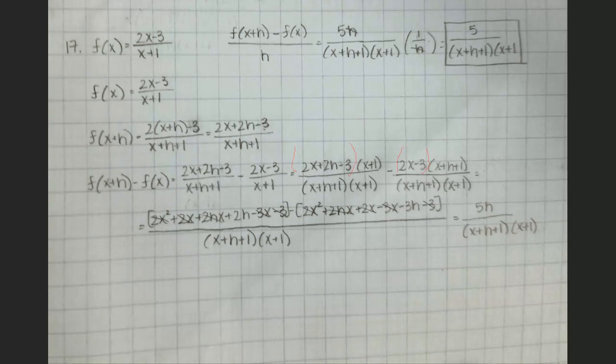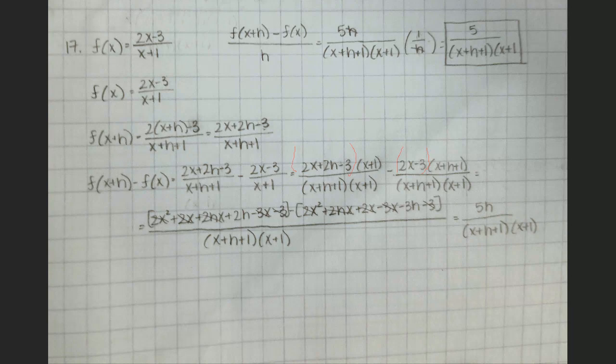So 2x squared, they cross out. Same with 2x and 2hx and the constant negative 3.